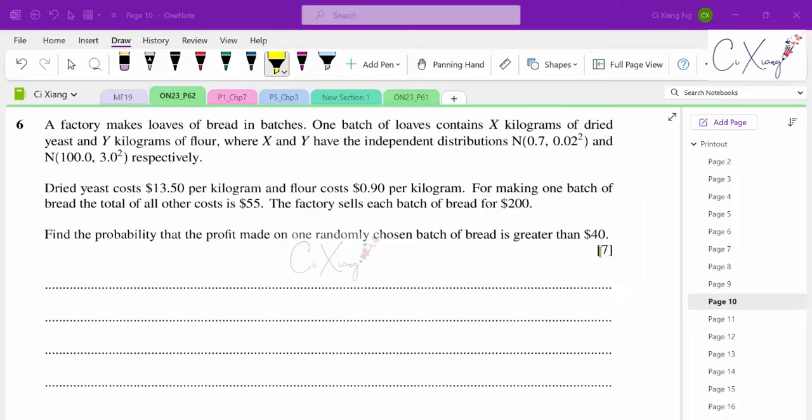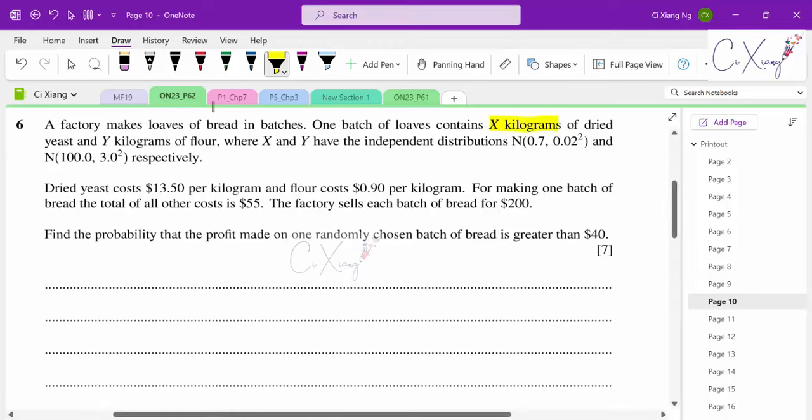Okay, so this question looks very complicated because you have so many different things inside it. So maybe we try to figure out first, we have X kilograms of yeast and also Y kilograms of flour, right? And all of these will contribute to the cost of the bread, right? So we have the cost from X and also the cost from Y. Okay, so what else do we have?